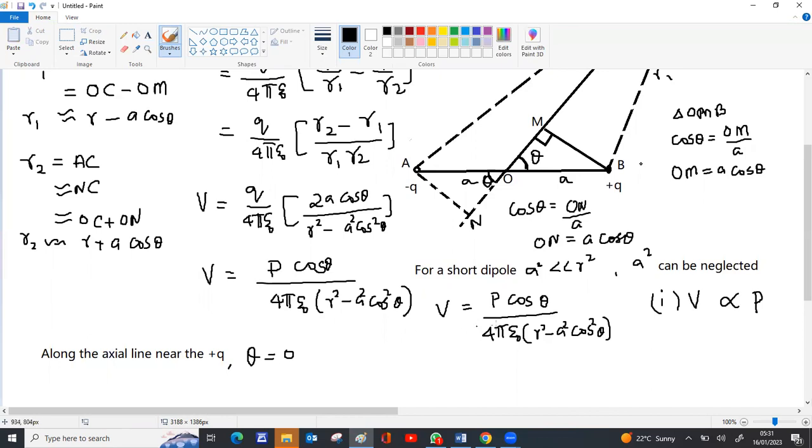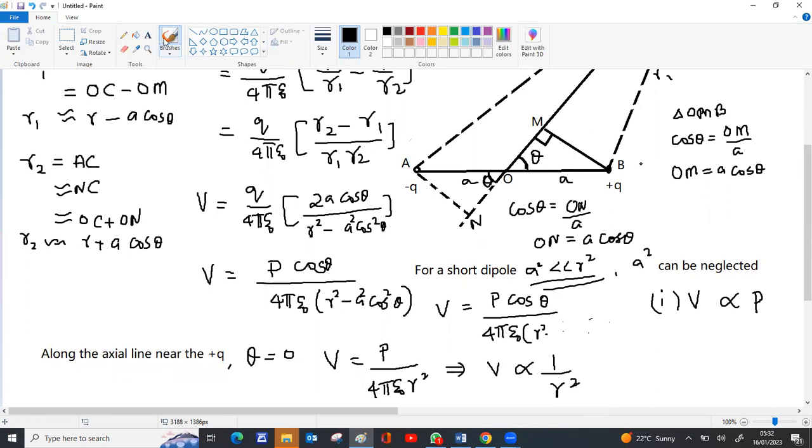In that particular case, it will come as V equal to p divided by 4 pi epsilon 0 r square, because we neglected a square with r square.